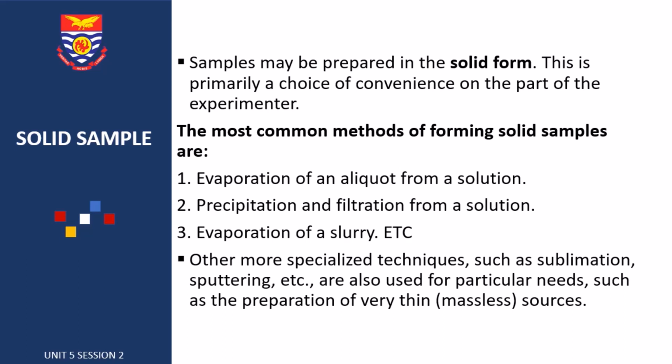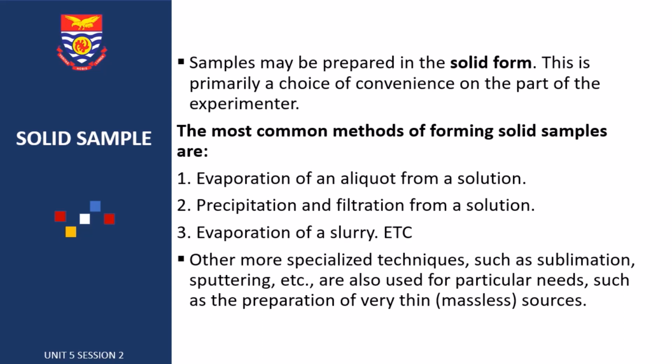Let's look at the most common methods for forming solid samples. We can form solid samples by evaporation of an aliquot from a solution. So by simple heating, we'll be able to form our solid samples.